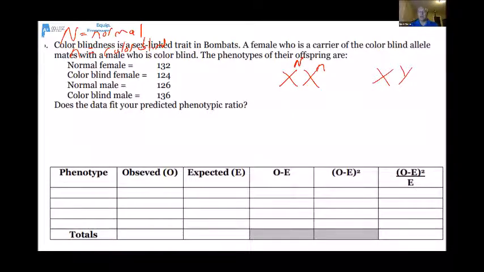The male's colorblind. That means his X chromosome has the colorblind gene linked on it. The Y has nothing to do with this other than it's the other sex chromosome. It doesn't carry the allele. These are the genotypes for my two parents. So what I want to do first is I want to go ahead and do a Punnett Square quickly for this.